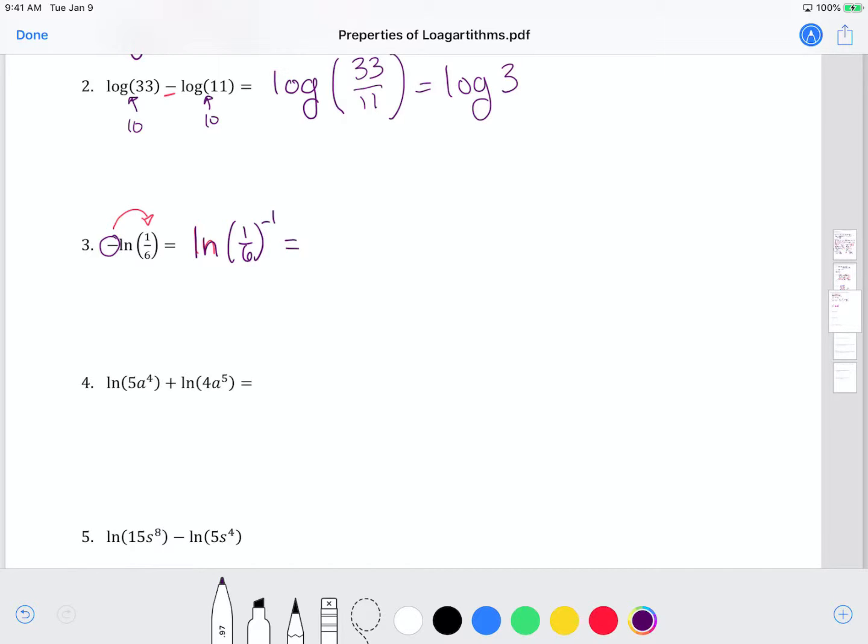And I can simplify that if I don't want a -1 exponent. When I take 1/6 and raise it to the first power, that gives me 1/6. And the negative exponent tells me to flip it upside down and take the reciprocal. So the reciprocal of 1/6 would just be 6. So my final answer would just be natural log of 6.